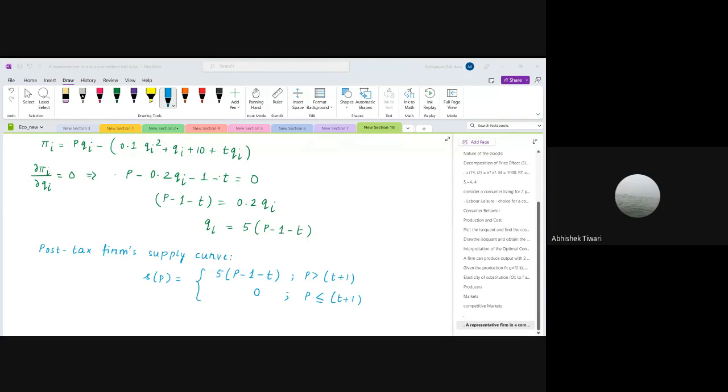Sir, as we have discussed earlier, the supply price is equal to the market price minus T. So we can directly substitute it in the supply function.